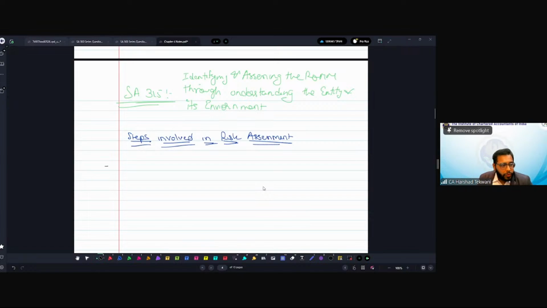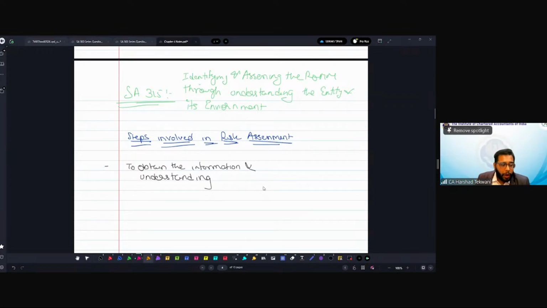First one is to obtain the information and understanding. That you already do when you perform client acceptance and continuance procedures, when you start the audit, and when you prepare the audit plan and overall audit strategy.